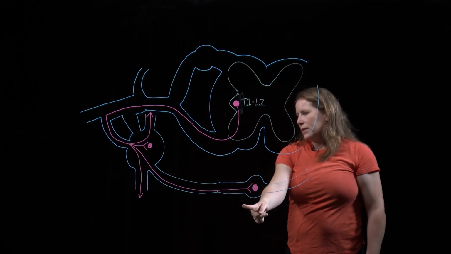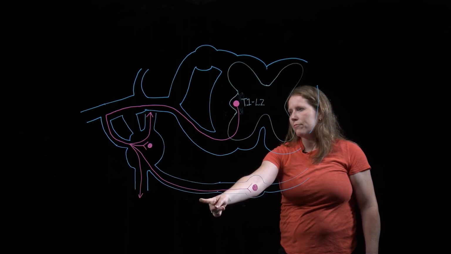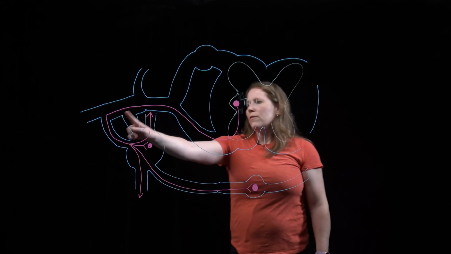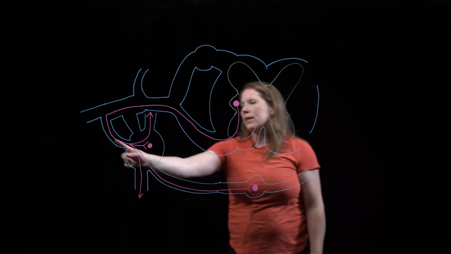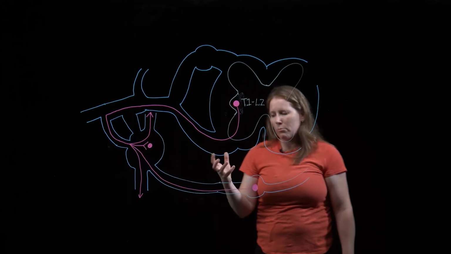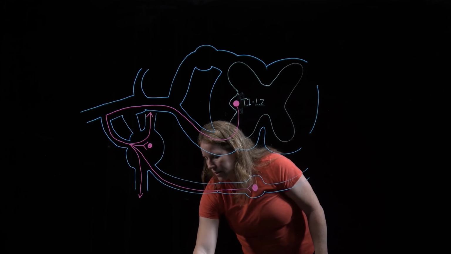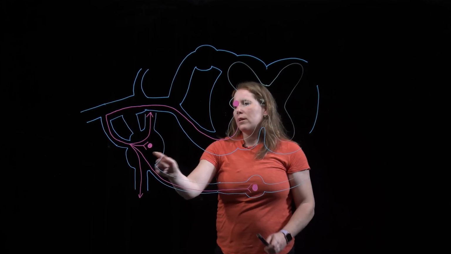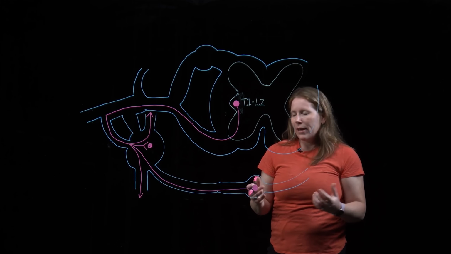When that happens, this segment here is referred to as a splanchnic nerve. All of this so far is myelinated axon, which is why this segment here is referred to as the white ramus communicans. It's got white matter or myelin surrounding it. When you have the synapse here, the next axon is going to be unmyelinated.